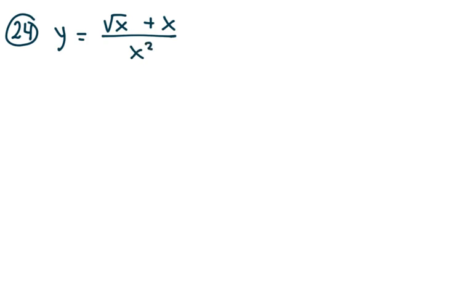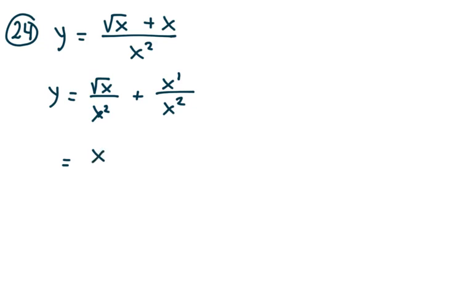Now remember, again, this is section 3.1. We don't have any techniques yet. So what we need to do for a problem like this is the following. We're going to split off the fraction, and we're going to write this as square root of x over x squared plus x to the first over x squared. Okay?